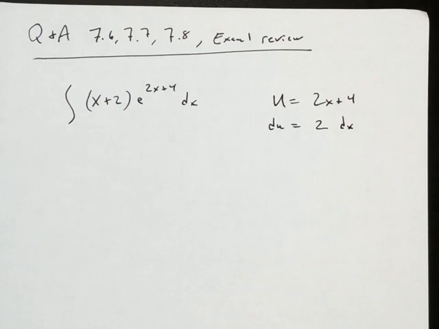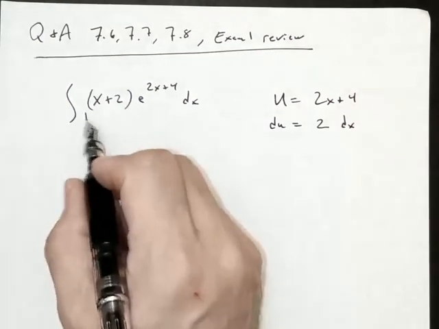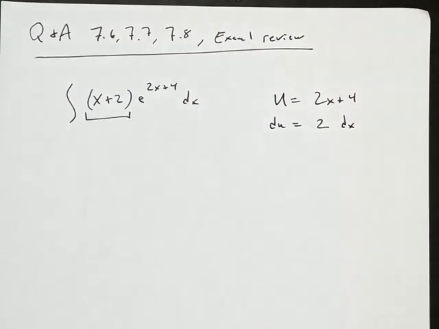But I'm not unhappy with this. I like that. But what do I do with this part to go with it? Maybe. But if I were to think about that as my dv, then I want to think about integration by parts stuff, yes?